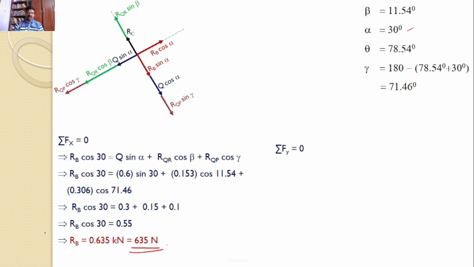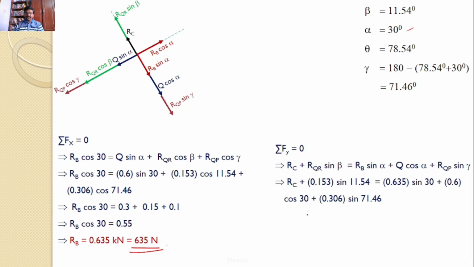Similarly, if we consider sigma Fy is equal to 0, RC plus RQR sin beta is equal to RB sin alpha plus Q cos alpha plus RQP sin gamma. Let us substitute the required values. RQR value we just calculated previously, so that is 0.153 I used. And remaining all other values, also we know RB value, just now I calculated 635. Q value is given. RQP value we calculated earlier and that value is 0.306.